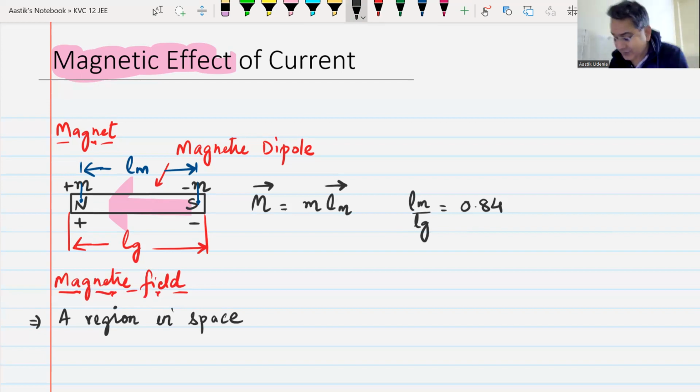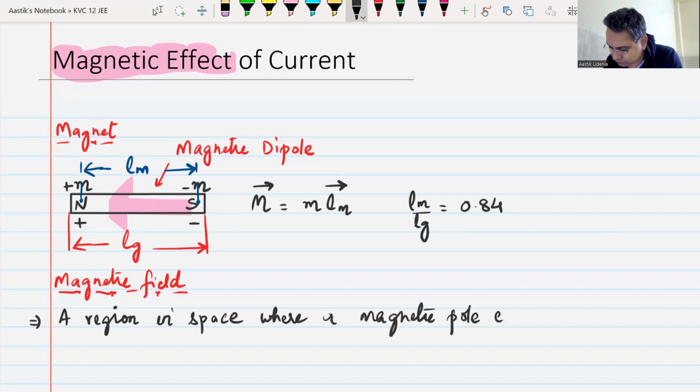Magnetic field is a region in space where a magnetic pole experiences a force. If you have a magnetic pole and it experiences a force, that region in space you will have magnetic field.